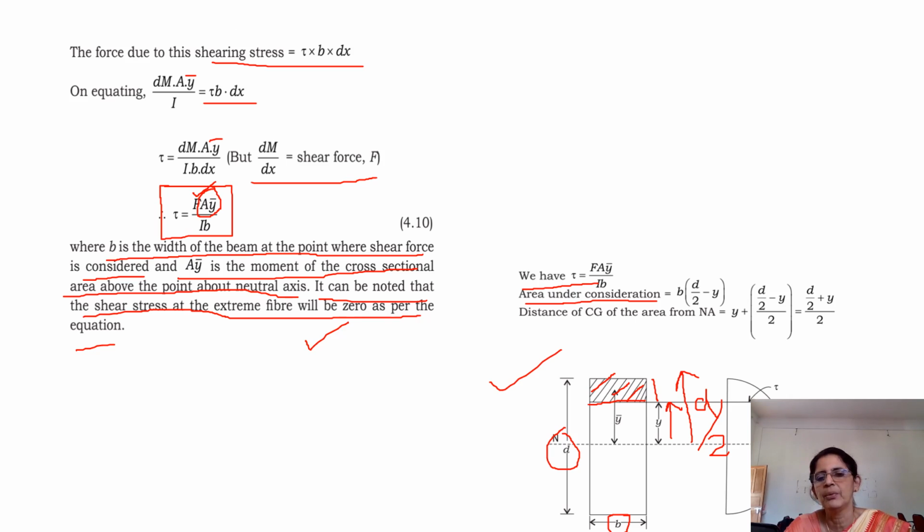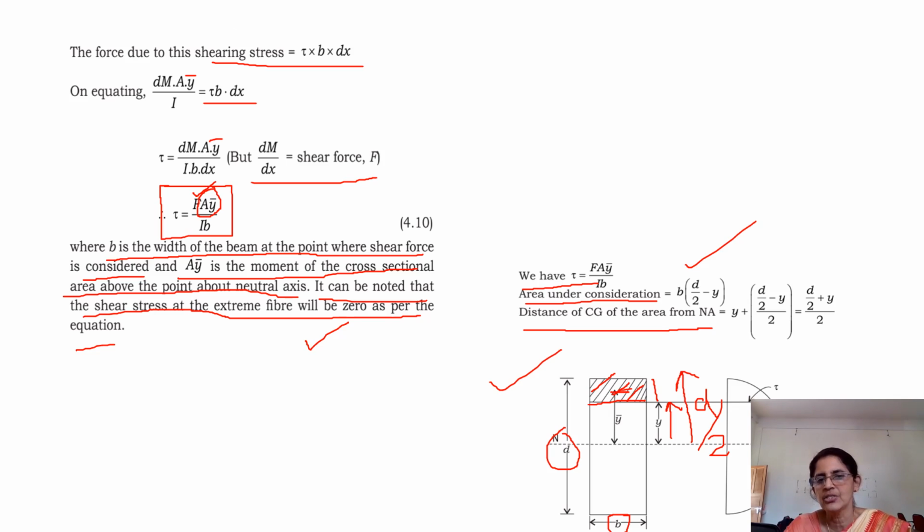So you will have the equation as B into (D by 2 minus y). It is a rectangular portion, width is B and this height is D by 2 minus y. Now what is the center of gravity of that particular area from the neutral axis? Its center of gravity is at the center of this, because this is a rectangular area.